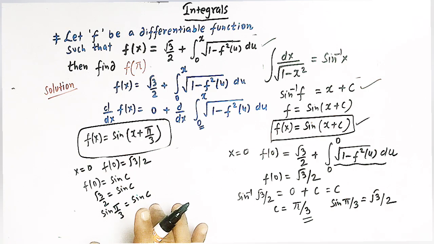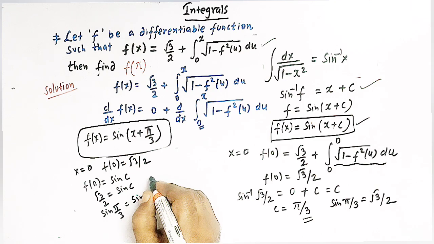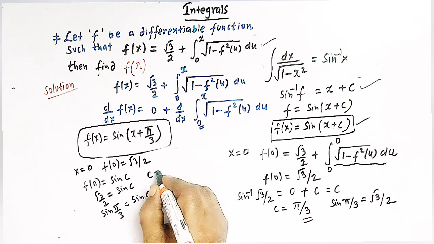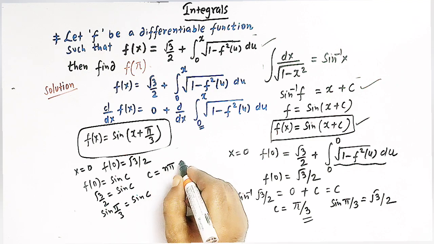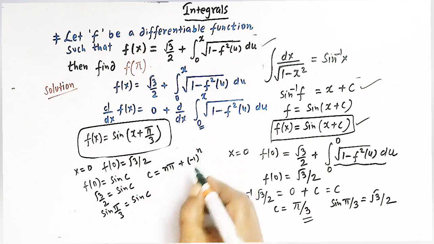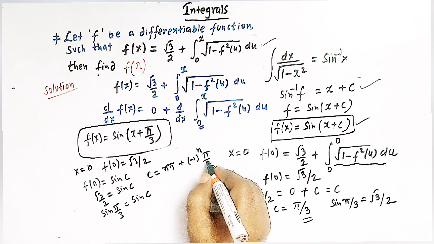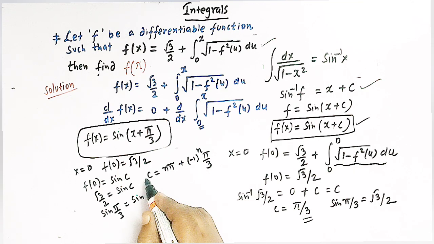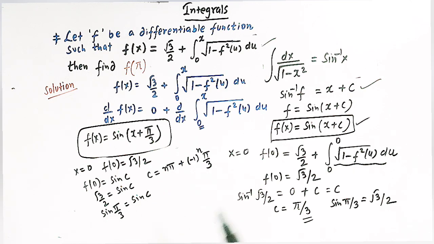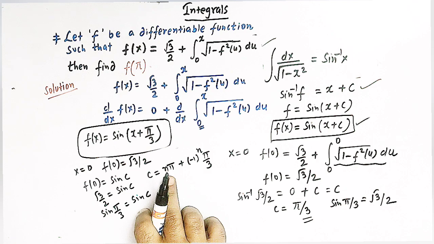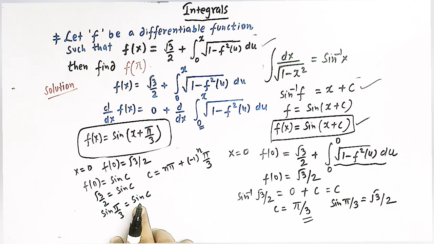So if we use the concept of general solution of this trigonometric equation, then we can write c is equal to n pi plus minus 1 raised to n, and here we have pi over 3, right? So if we take the general solution and we have to find out some other values of c, then we can also make use of the concept of general solution of this trigonometric equation.